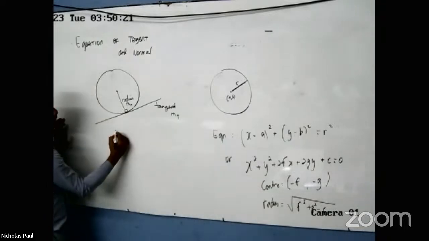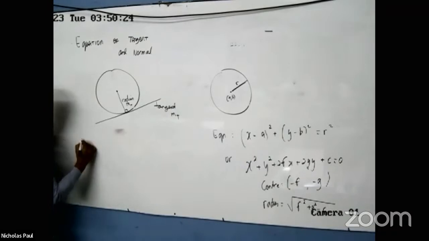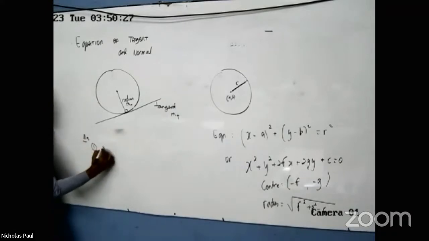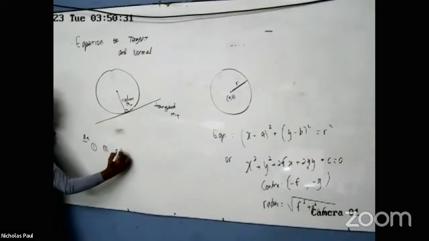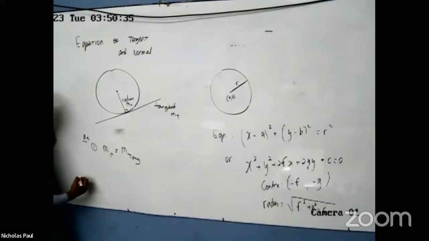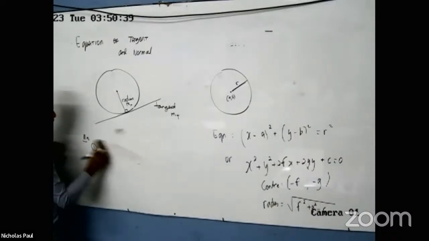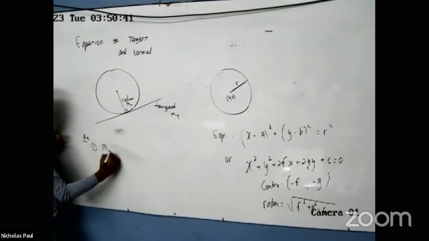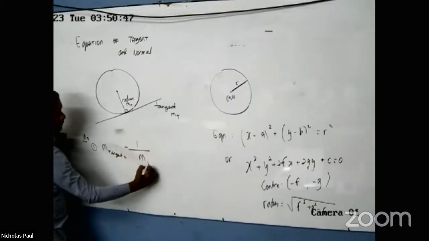So the gradient of the tangent is equal to -1 over the gradient of the radius.